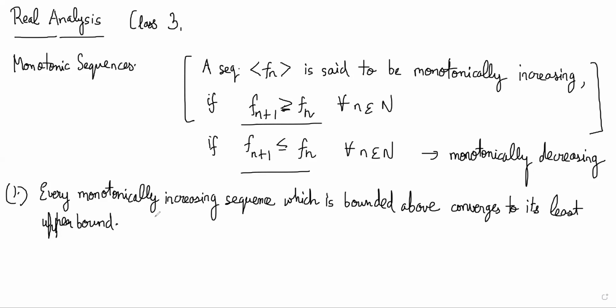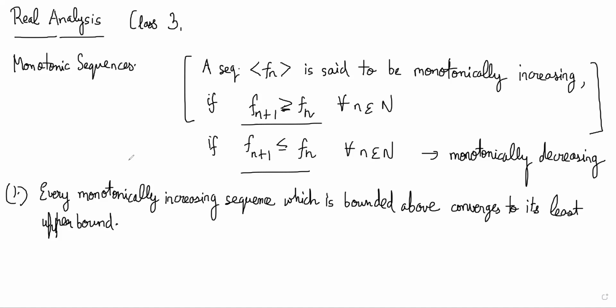What does this mean? If it is a monotonically increasing sequence, basically terms are increasing, and suppose we know that the sequence is bounded above. Bounded above means there is a value, let's say b, such that no term of the sequence is going to be greater than b. Every term is less than or equal to b. So b becomes an upper bound. So this theorem is saying that every monotonically increasing sequence which has an upper bound will always converge to its least upper bound. So what is the least upper bound?